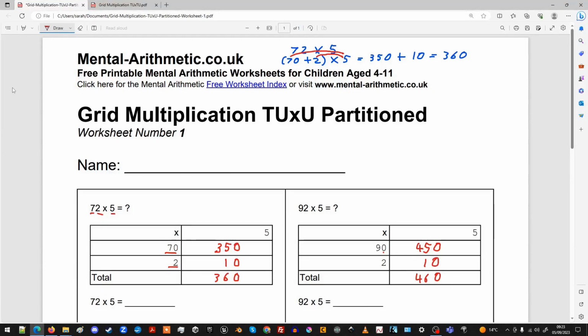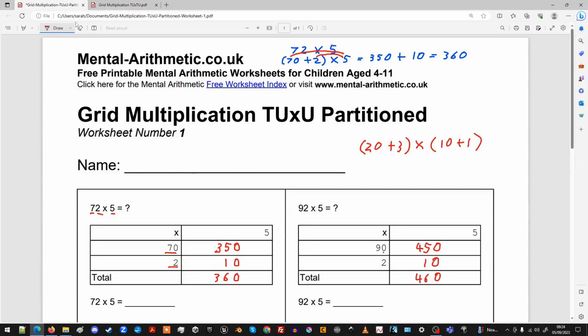Sometimes there's more parts. It's sort of like FOIL. If you've seen FOIL explained, like when you have 23 times 11.